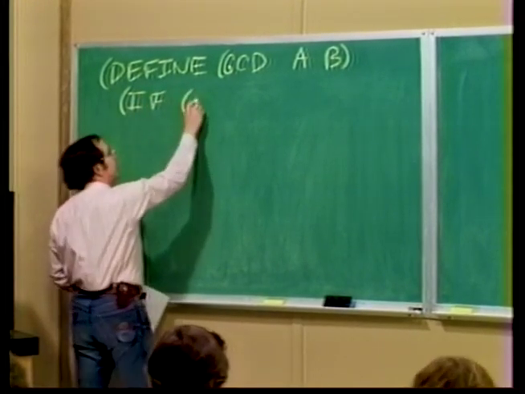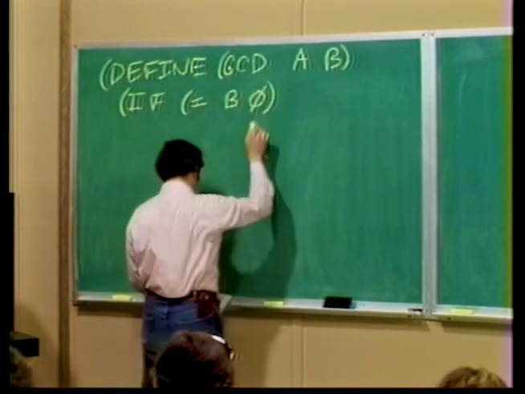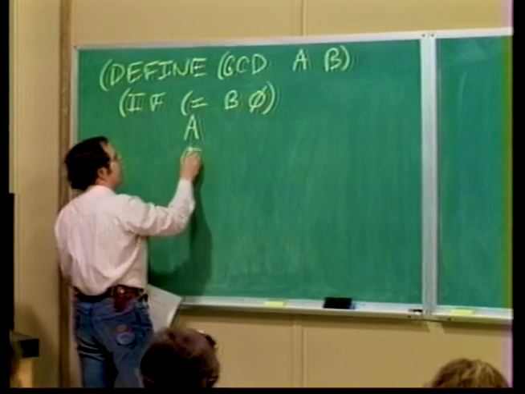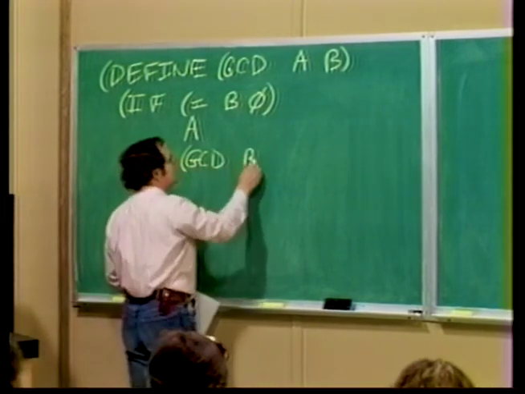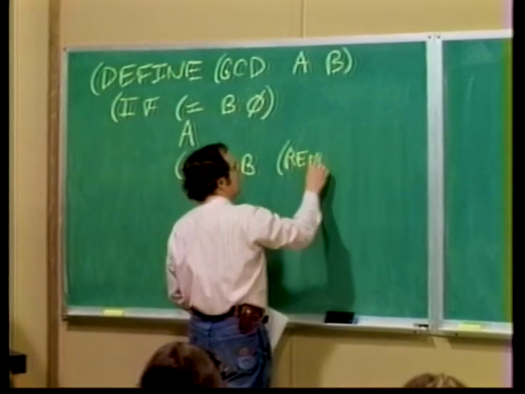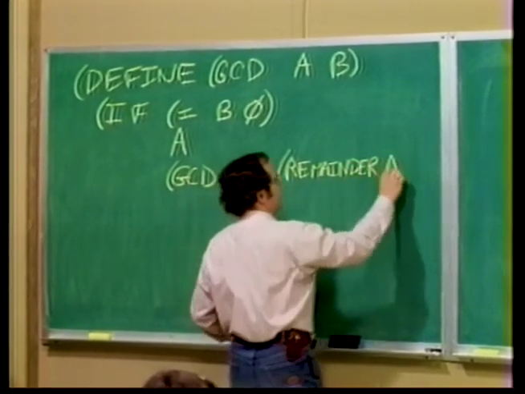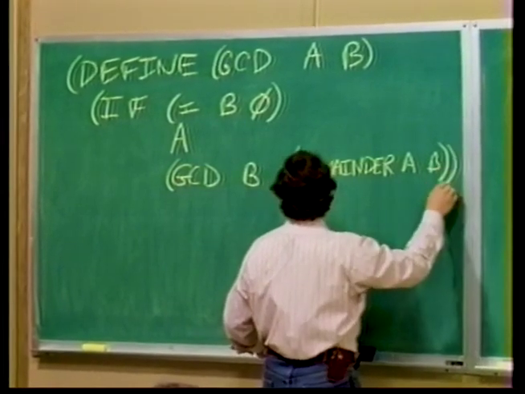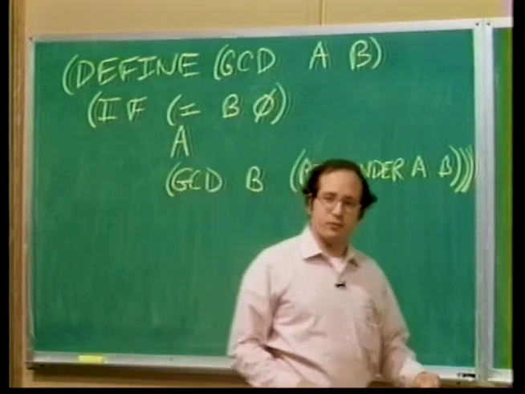If B is 0, then the result is going to be A. Otherwise, the result is the GCD of B and the remainder when A is divided by B. So what we have here is a very simple iterative process.